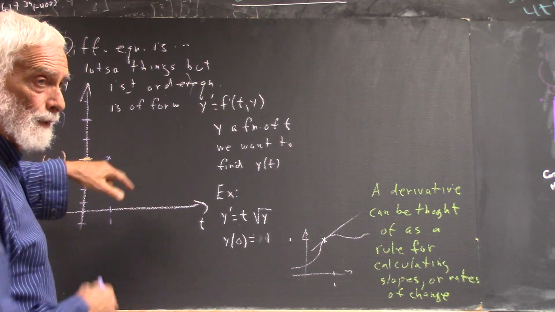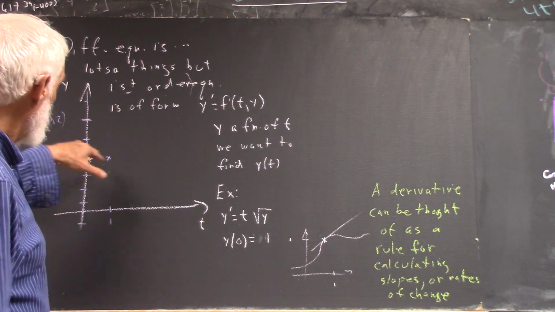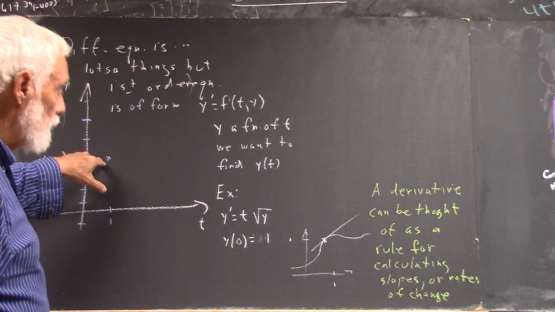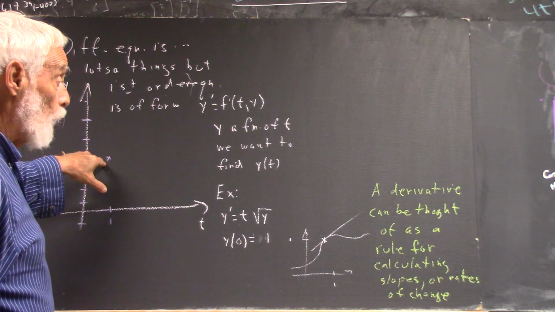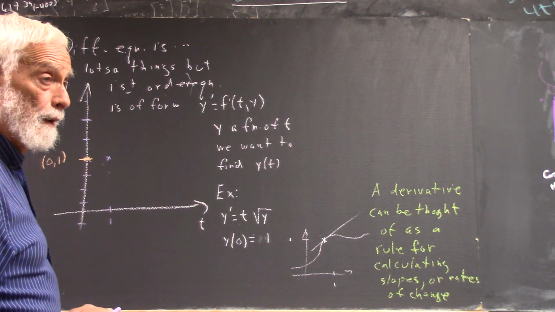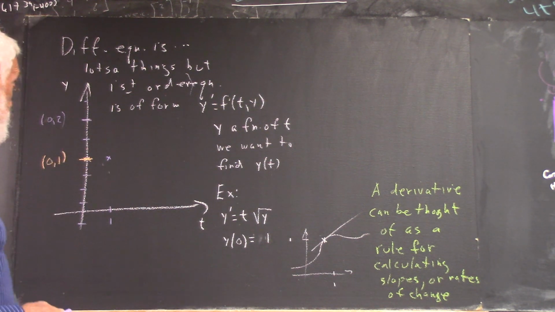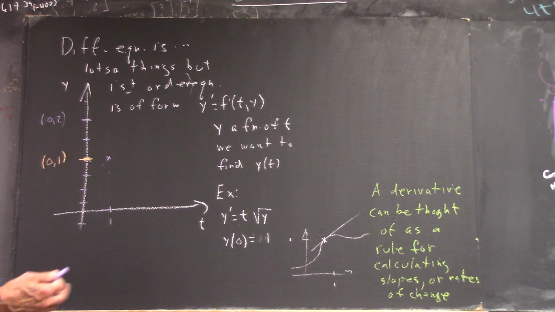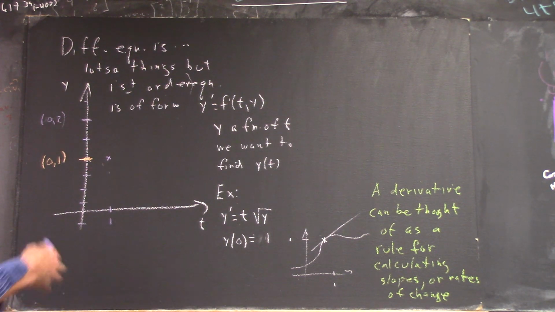Now it's going to get complicated, and there are things I'm going to want to do in the vicinity of this point. However, at the point 1, 1, what do we get? 1. And what's our slope going to look like there? Would it be positive? Yeah, it's going to be 1, going upwards. So how are you going to draw a slope of 1 on this graph?